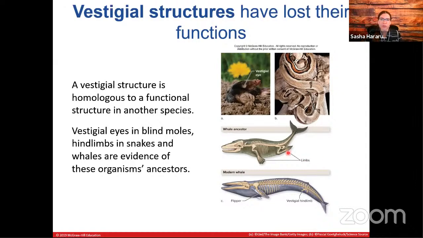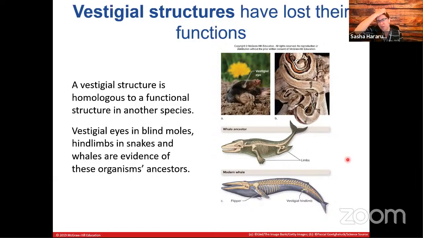Some whale ancestor used to have pronounced hind limbs. However, the modern whale has a vestigial hind limb, meaning over evolutionary time whales evolved to have a less pronounced hind limb because they didn't need it.